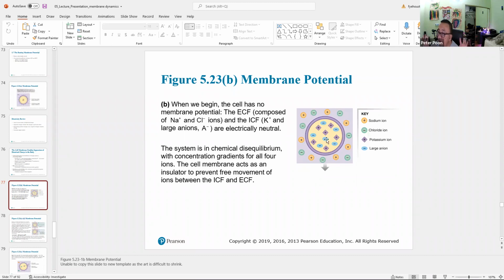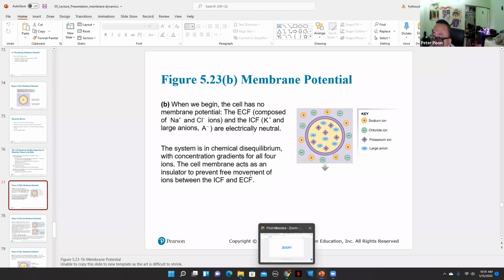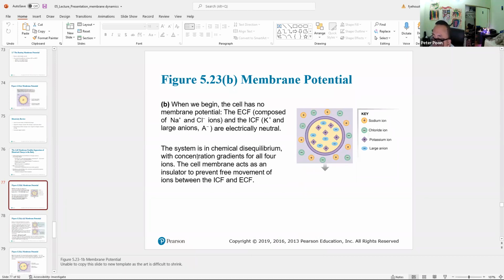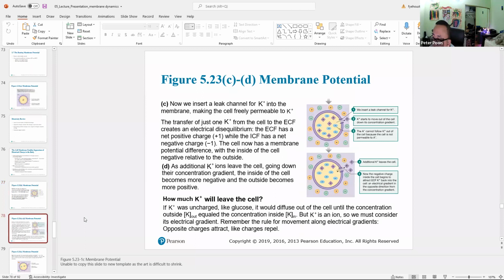Remember, right now there's no membrane potential. This is what happens when you are dead. Everything is the same inside and outside, electrically neutral. So the system is in chemical equilibrium.